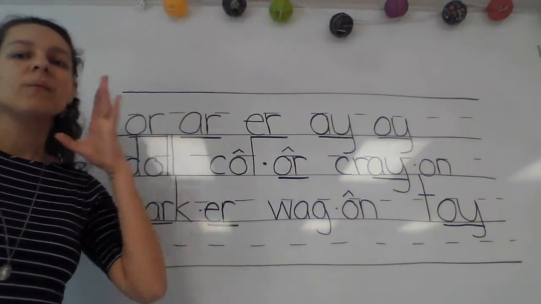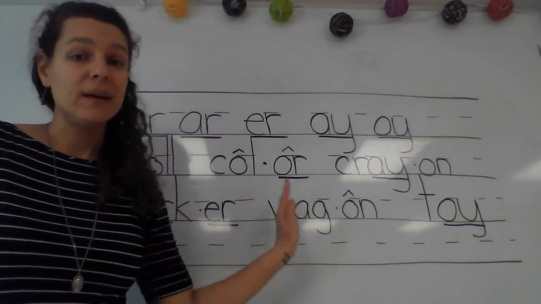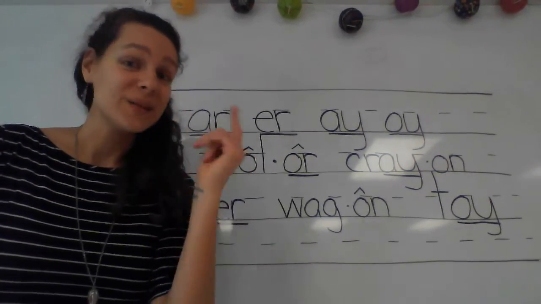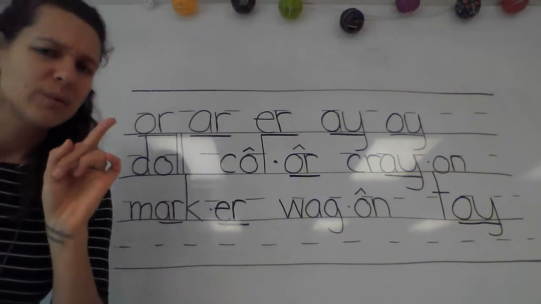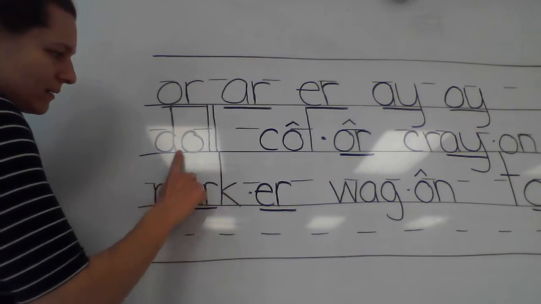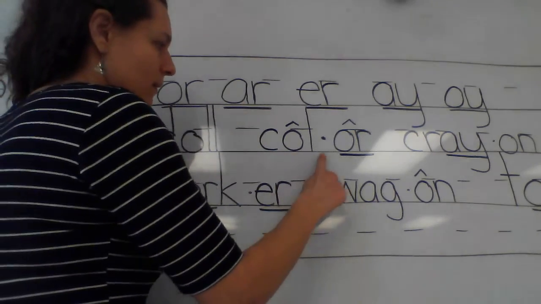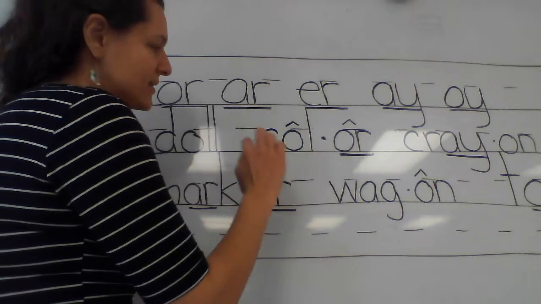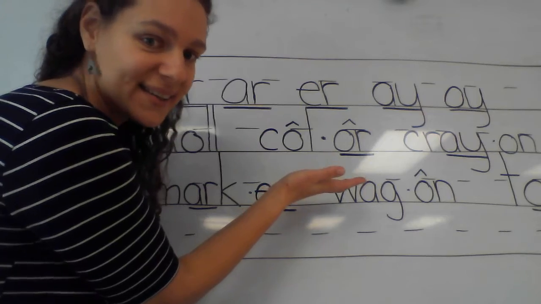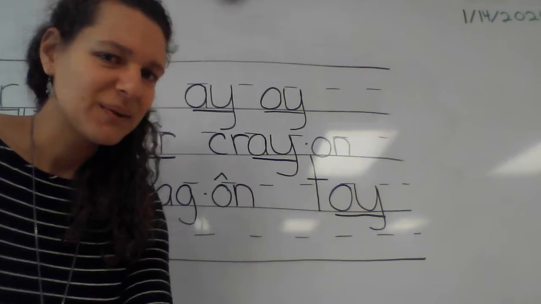All right, let's go back. We'll read each of our words. If it's a two-way word, first we'll just read it the way it's written, and then we'll say it how we say it when we're speaking. All right, so the two-way pronunciation first. What's this word? Good, doll. How about this one? Good. So to spell it, we say color. How do we say it when we're talking? Good, color. All right, what's this word?